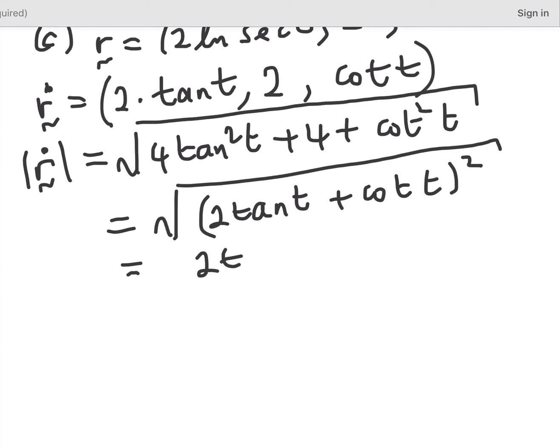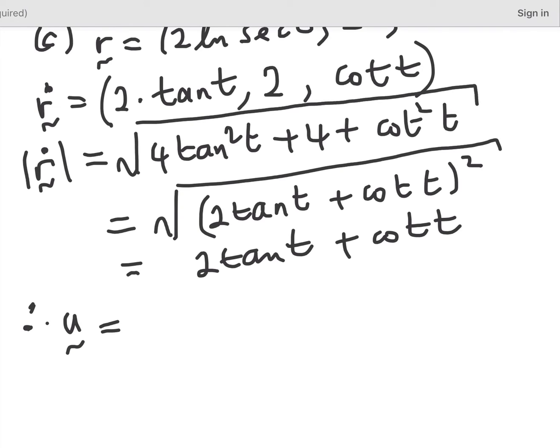We get 2 tan of t plus cotangent t. Just to remind you, keep in mind that in the previous step, we're using the idea that tangent is a reciprocal of cotangent. Okay, so here then, the unit tangent vector would be r dot divided by this.